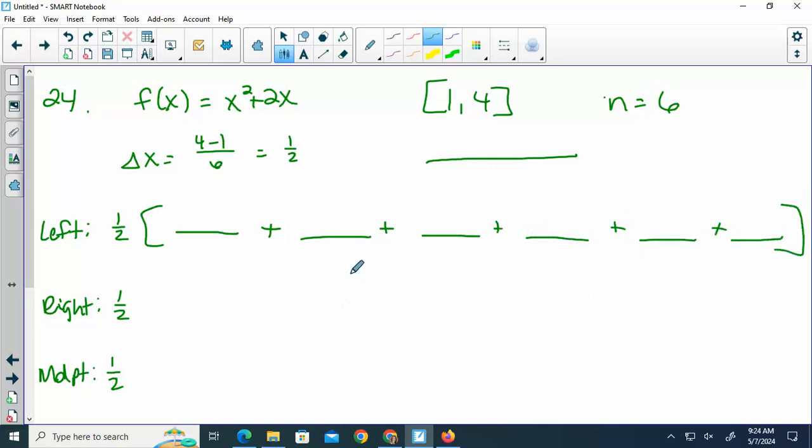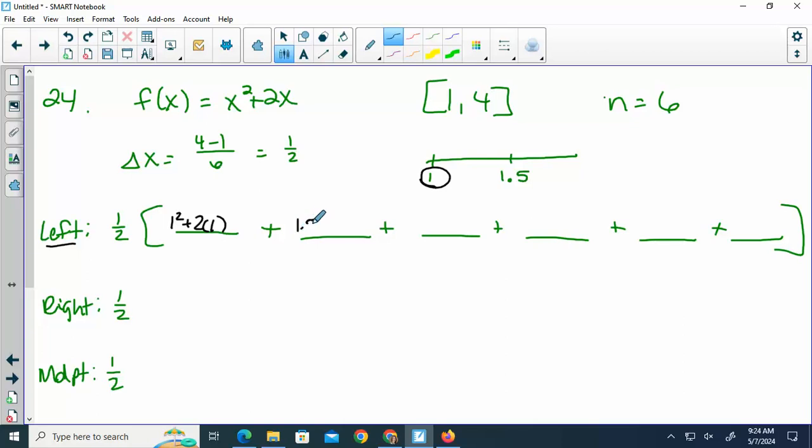Okay, so to get those, we need to know what to plug in. My interval starts at 1. My x is increasing by 0.5, so the next one would be at 1.5. So if you want the left, we start with the leftmost number. So the first one I plug in is 1. So you would have 1 squared plus 2 times 1. Then you're increasing by the 0.5.